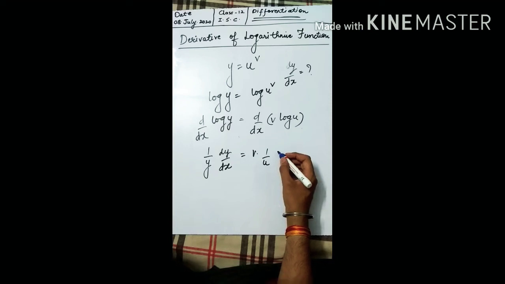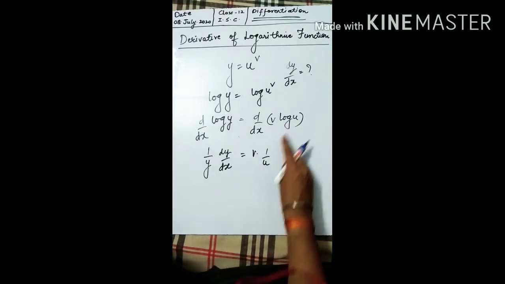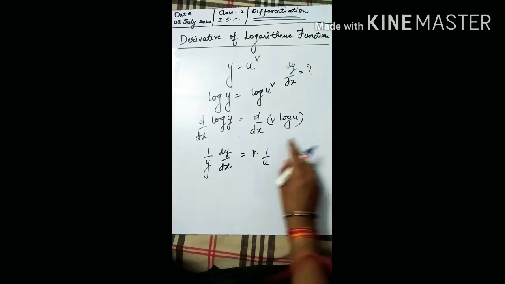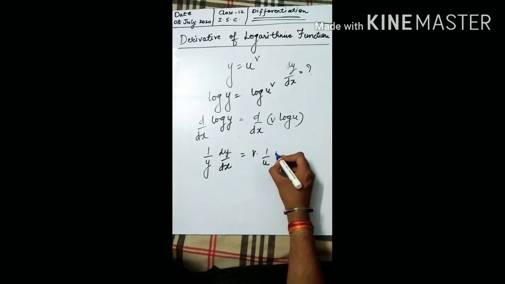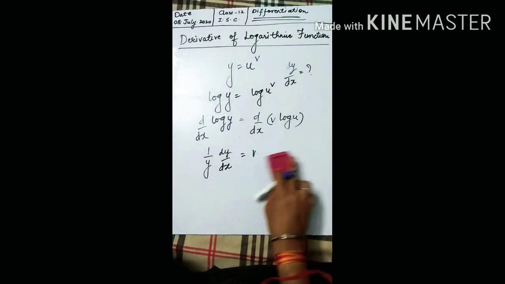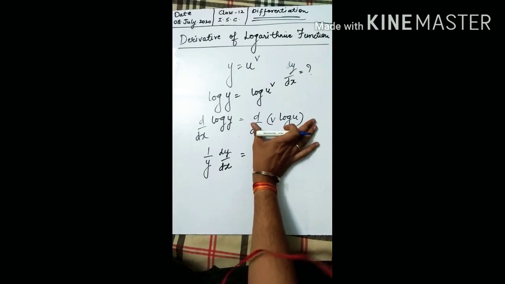Keeping the first function as it is, the derivative of log u will be 1 upon u, times du/dx. We are seeing only the general way, so don't differentiate this one, just keep it as it is.